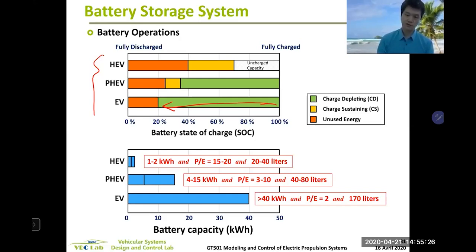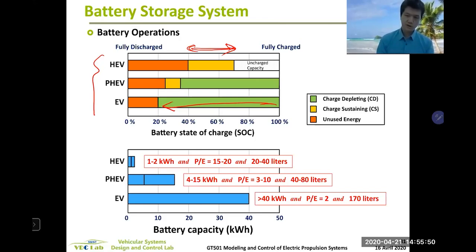Temporary energy storage, right? So usually your SOC swing, it's called SOC swing. So SOC changes within this band or window for hybrids. And the main energy source comes from the internal combustion engine.